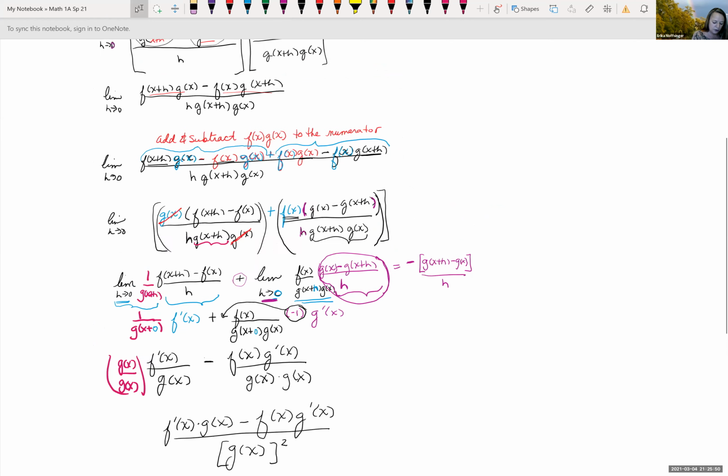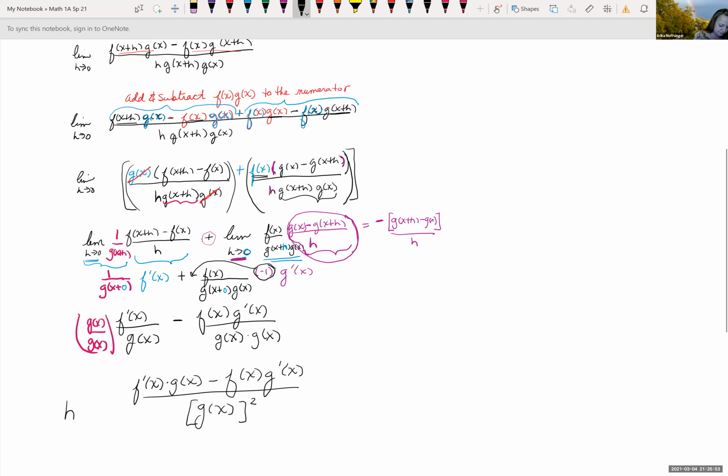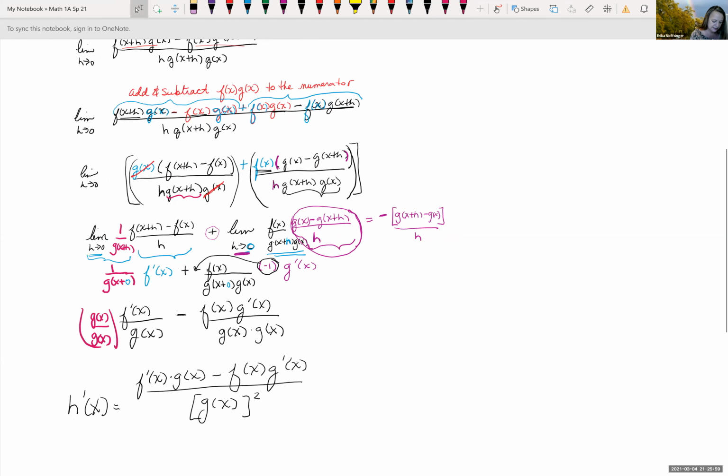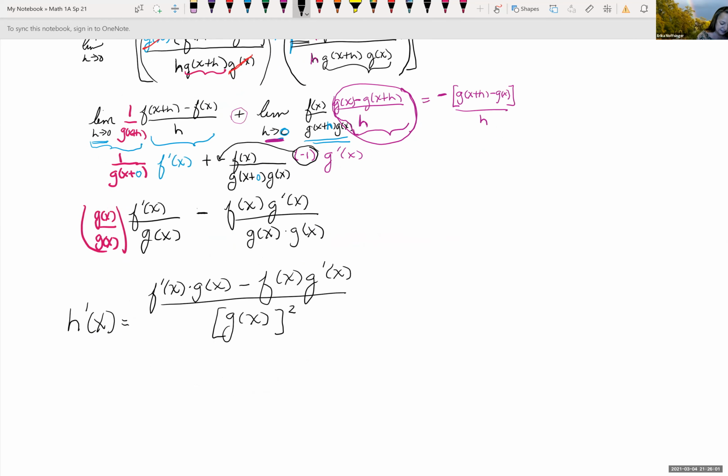So we just found that that was h prime of x. Another way that we could have written that is, this is the same thing as the derivative d dx of f of x divided by g of x, the quotient rule.